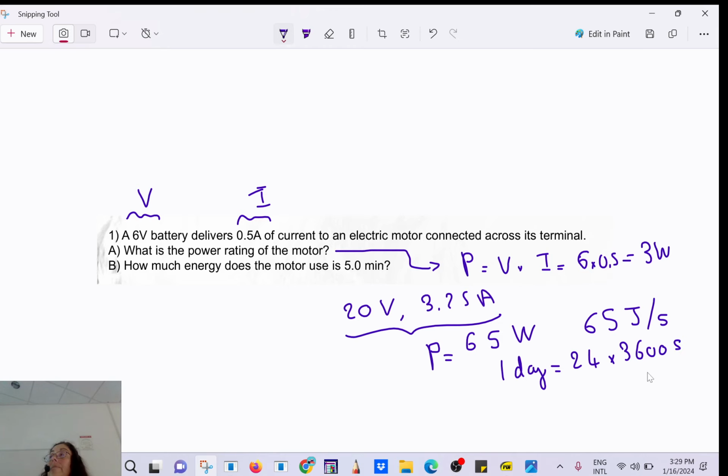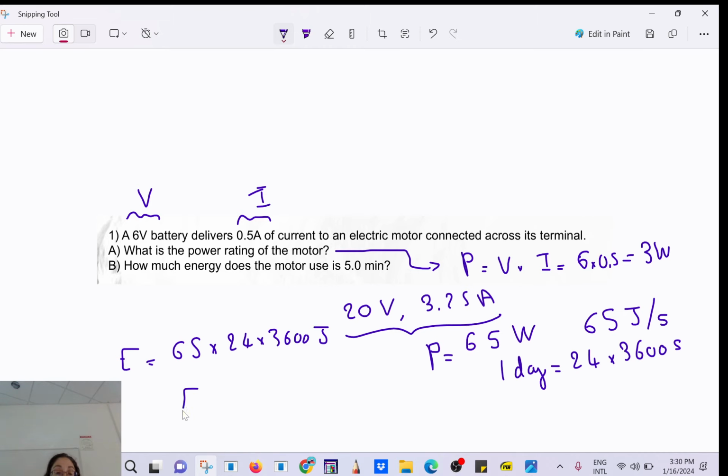Is that clear? 1 hour is 3600 seconds. One day is 24 hours. Okay, so the energy consumed by my laptop will be 65 times 24 times 3600 joules. Is that clear? So the unit is joules.